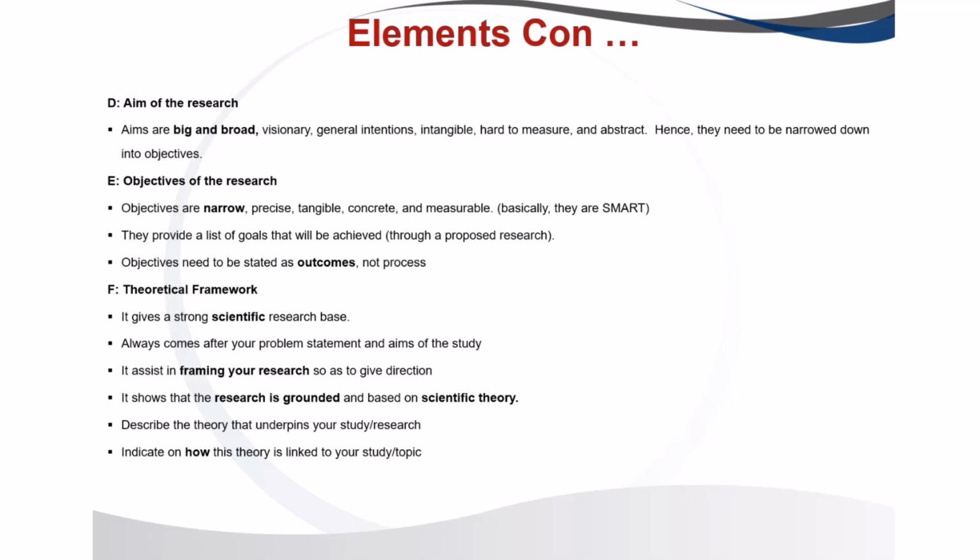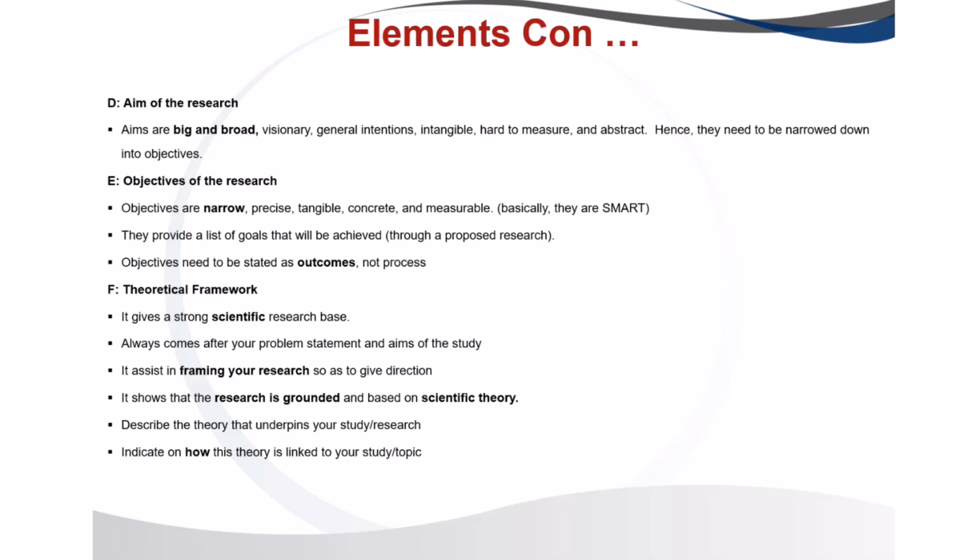Maybe I could say the aim of the study is to determine the perceptions of educators in regards to the use of corporal punishment as a disciplinary measure. Okay, it's broad.